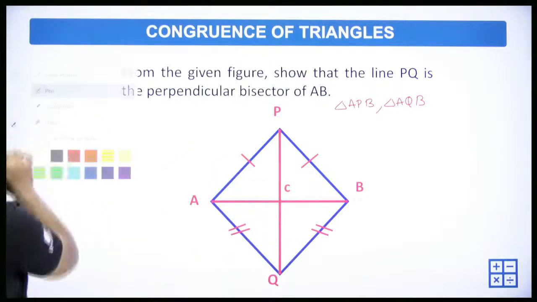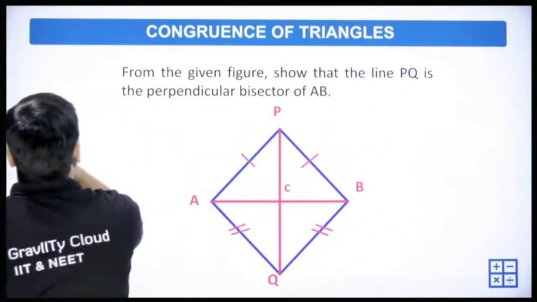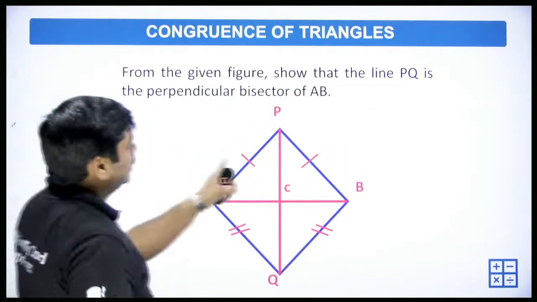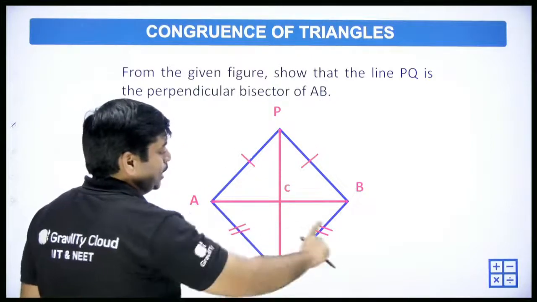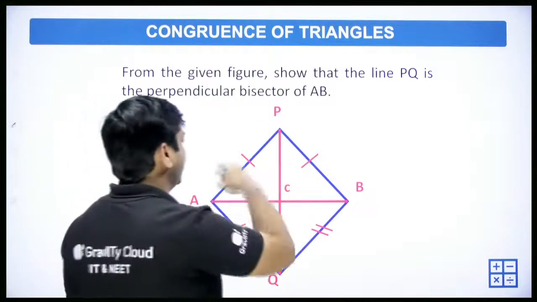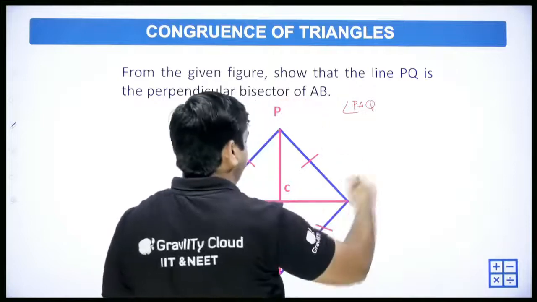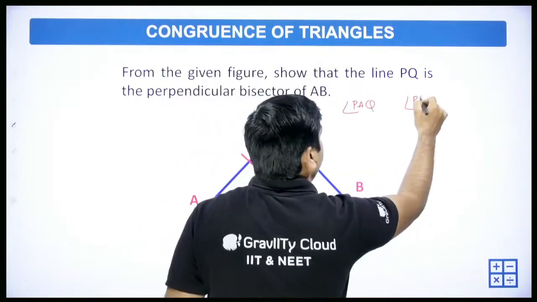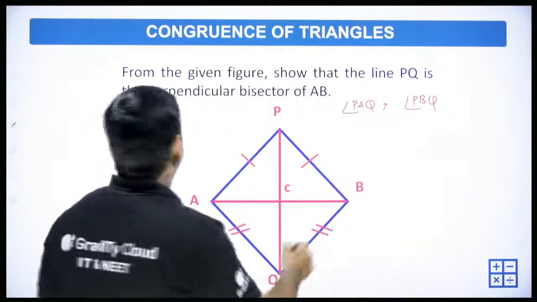As we have, see, this line states that this one and this one are equal, and these two sides are equal. So let me talk about triangle PAQ and triangle PBQ. Not angle, it is a triangle.